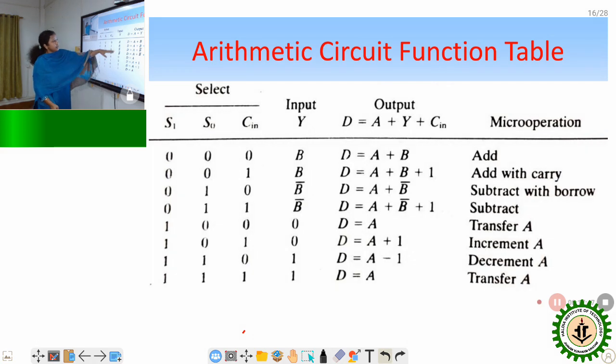Now in this way, several 8 operations can be performed using this 4-bit arithmetic unit.